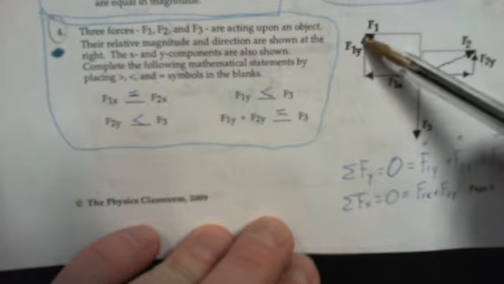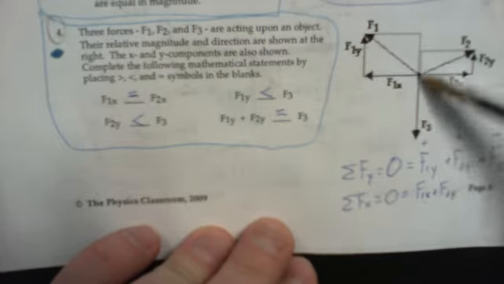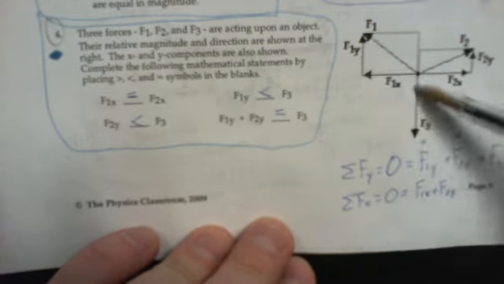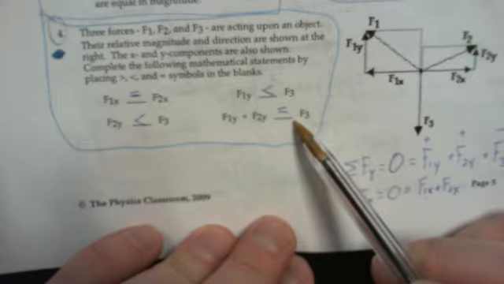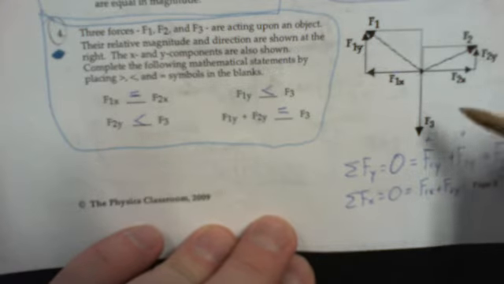F1y, we can just look at the picture. This, as compared to F3, those aren't equal. This is way smaller than that. Same for F2y. F2y is way smaller than that force as well. Then this last one, F1y plus F2y, has to be equal to F3.